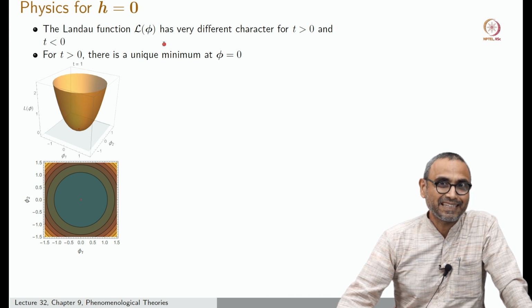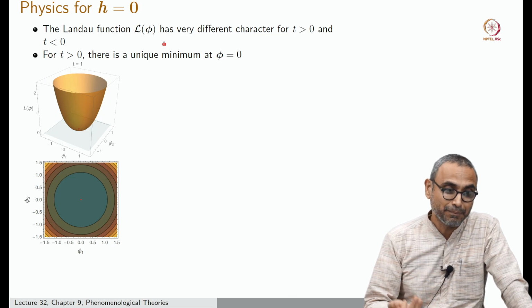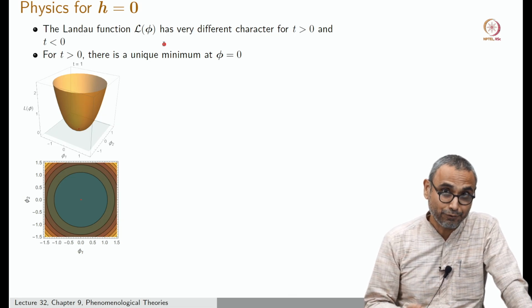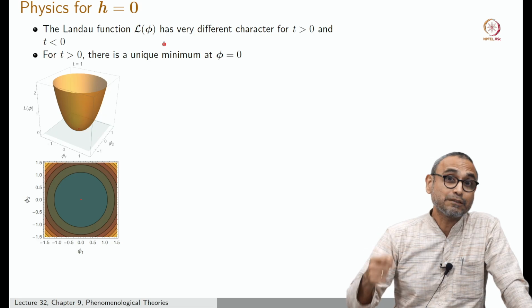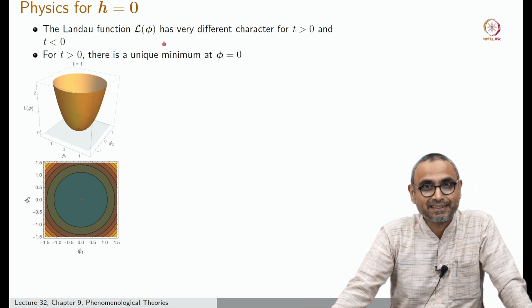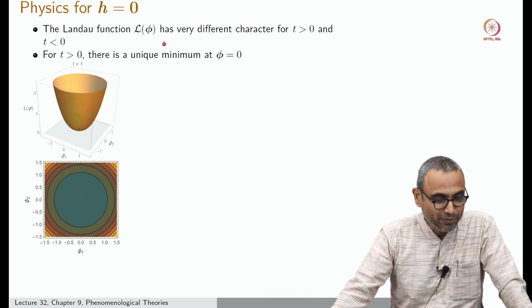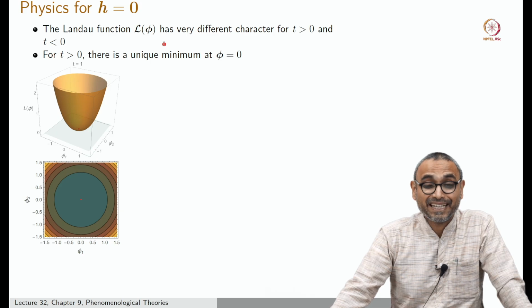So what it's telling you is that the value of phi at which this Landau function is minimized in the absence of a field when t is positive is phi equal to 0. That means that the system will not have any spontaneous order parameter, so the value of the order parameter will be 0, and you will be in a symmetric phase.